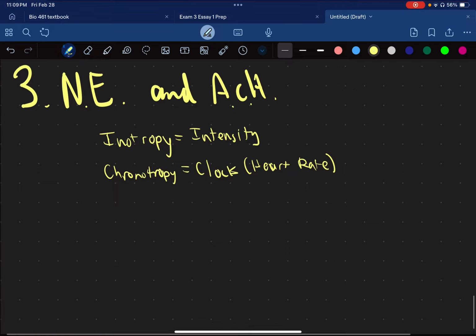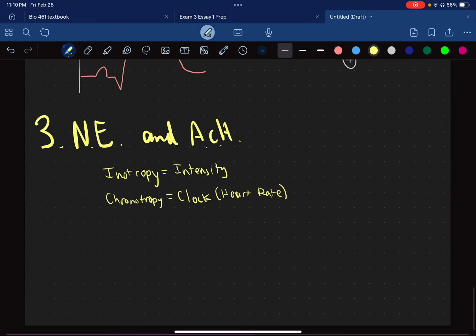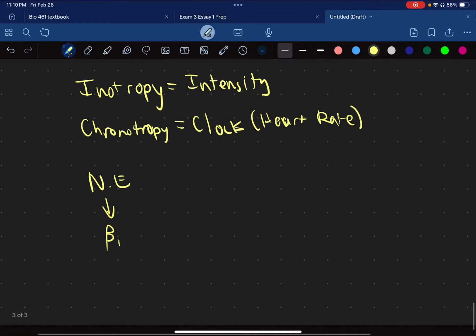So norepinephrine is an adrenergic stimulant. So it's going to come around, and our heart cells have beta 1 receptors. So our norepinephrine comes, it's going to activate the beta 1 receptors, and these beta 1 receptors are going to increase our inotropy or intensity, and they're going to increase our chronotropy or heart rate.